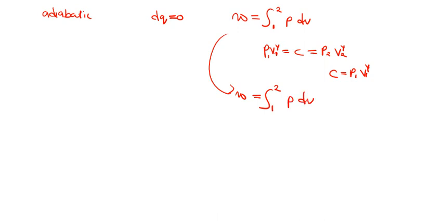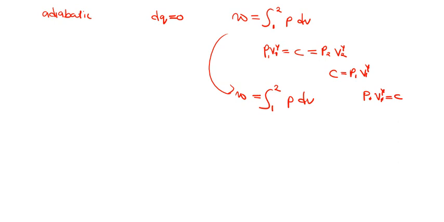Now we can make p the subject of the formula. We'll say p v to the gamma is equal to a constant. Without naming 1, we can leave it this way at this point because we are not comparing to anything.